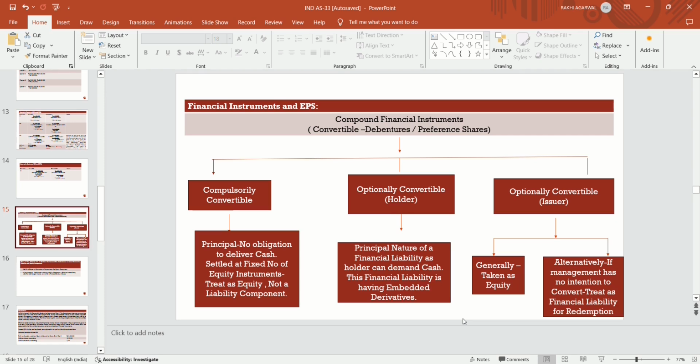This financial liability has an embedded derivative, meaning an embedded equity instrument. Optionally convertible at the issuer's option means the issuer has an option whether to give an equity instrument or treat it as a liability. Since the issuer has the option, generally it will be considered as equity. But if the management has no intention to convert, then treat it as a financial liability for redemption. So these are the basic concepts.